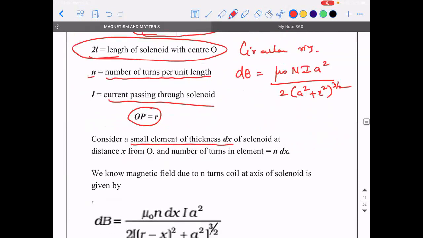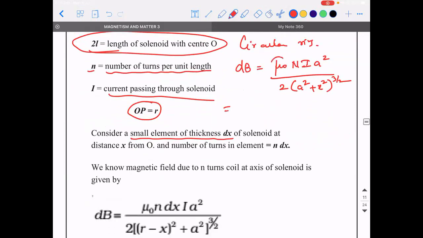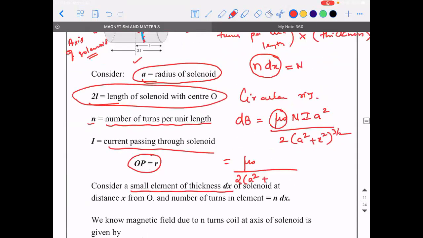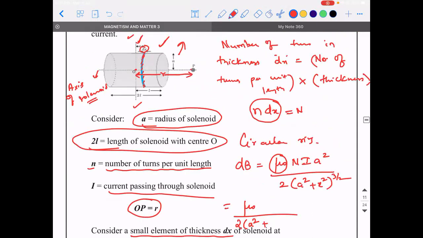Okay. Now listen. Mu naught by 2 into A square plus, what is the value of X, guys? X is the distance from this current carrying element to this point P. Correct? How much is that? R. Correct.